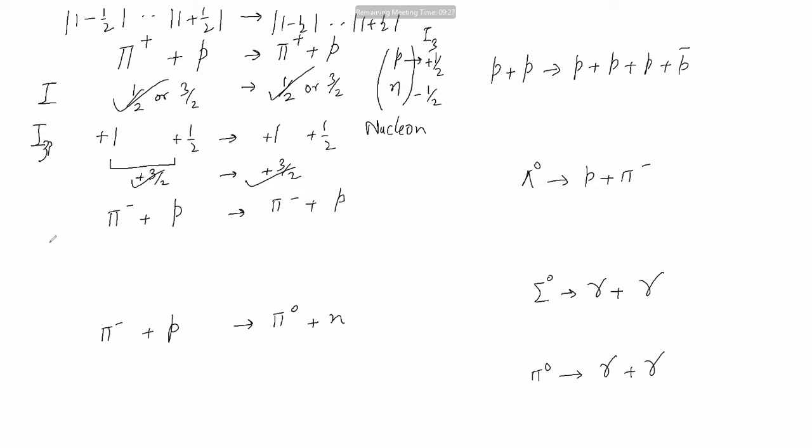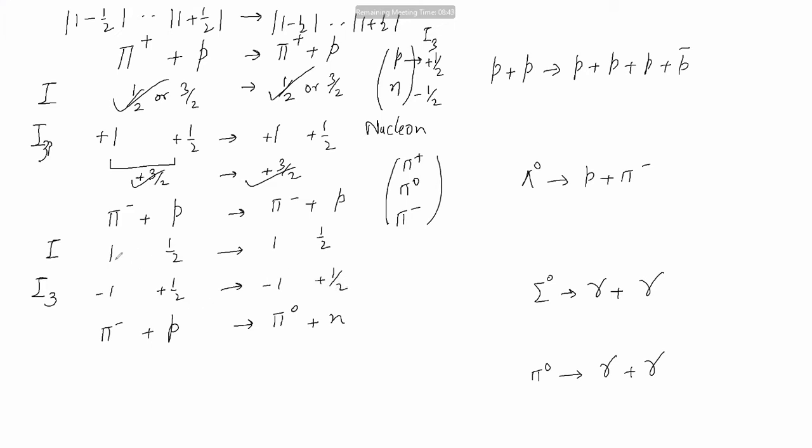Now similarly, if I take I3 here, what is I for pi minus? Recall, pi plus, pi 0, pi minus are members of an isotriplet, and for all of them I will assign isotopic spin 1. For the nucleon, 1 by 2. Okay, what about I3? Minus 1 plus half.